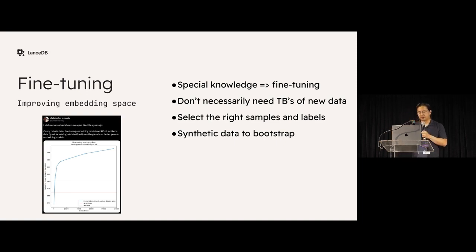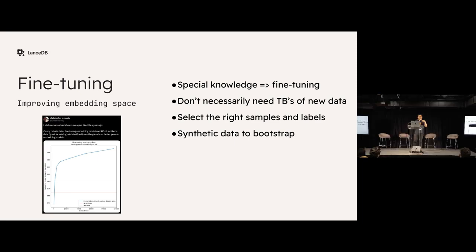Of course, selecting the right samples and labels matters here. Just like in personalization and recommendation, a lot of the labels that come in are positive labels. It's much harder to generate negative samples, and you have to be a little careful about what to label and exactly what to feed that model.